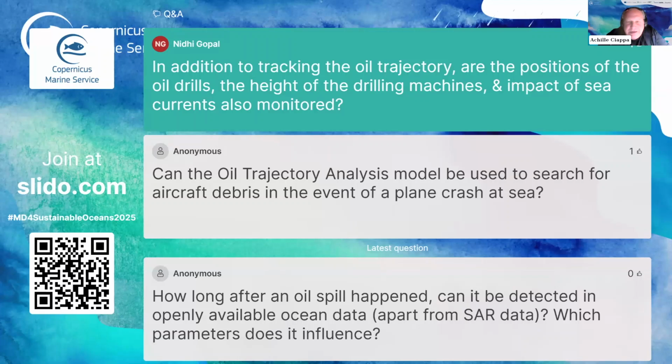I have to understand what impact the position of the oil drills and the height of the drilling machine have. But the answer could be yes, because the starting point of the oil trajectory analysis is a sort of climatology of transport, so it does not matter much how the oil spill is generated.